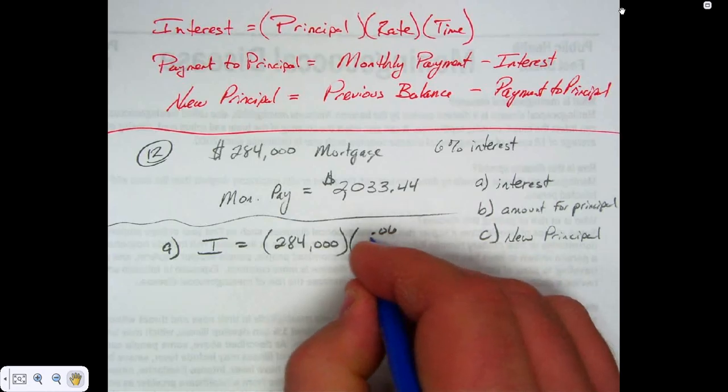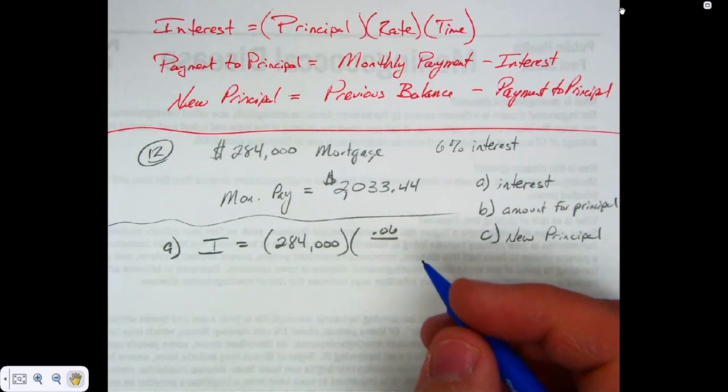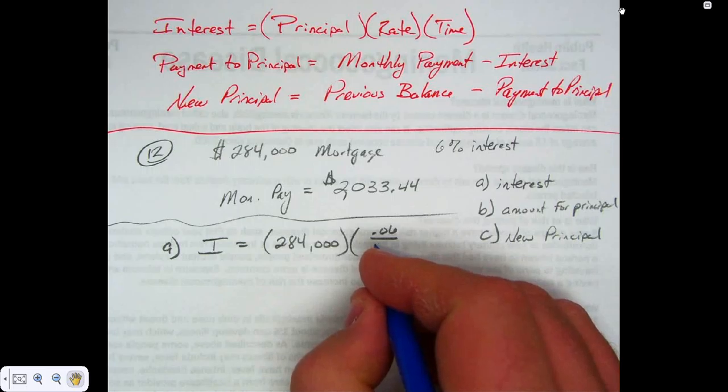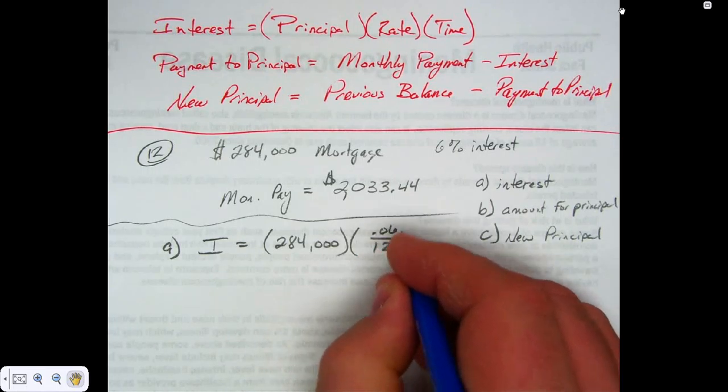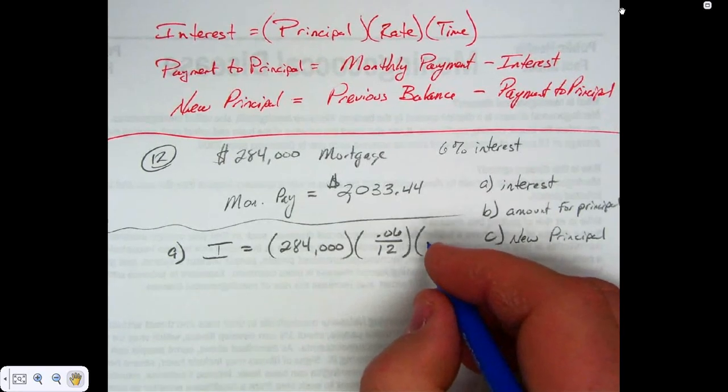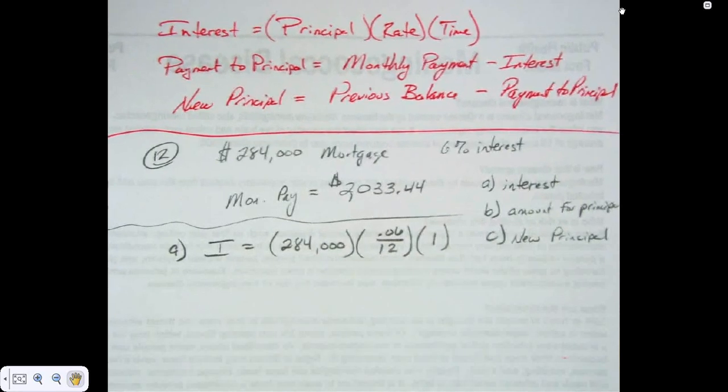Here's the thing, though. That's just for one payment. That's 6% per what? Per year. So what we pay as a percentage per month is 0.06 divided by what? 12. Does that make sense? And then time, well, that's 1 month, so it's just 1, right?